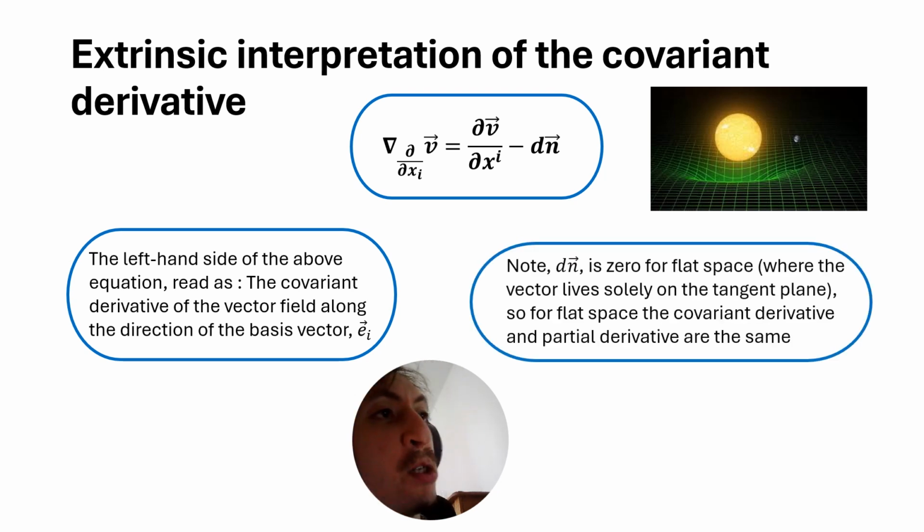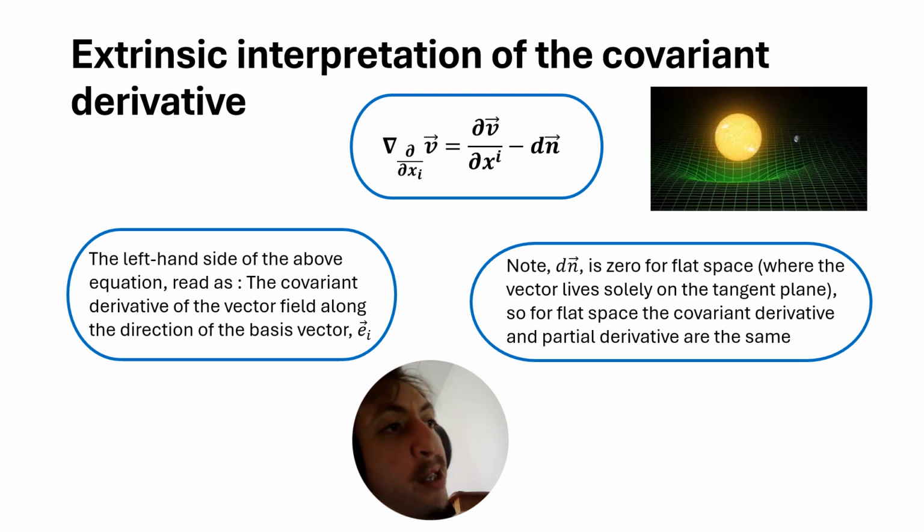An important thing to note is that if we're considering a vector moving across flat space, imagine our manifold is flat and we move the vector across the manifold, well, because the manifold isn't curved, the vector can just remain parallel to itself, even from an extrinsic perspective. That is, its normal component doesn't have to change.